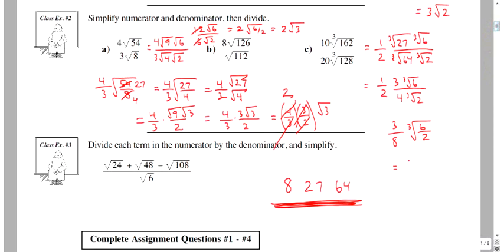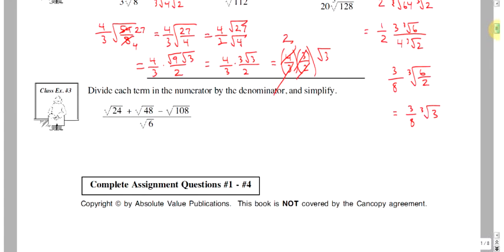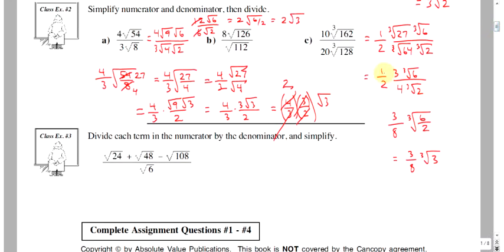Okay. 3/8. 2 goes into 6. 3 times, and I think I'm done. How did you get the 3? Times this by that. What's a half times 3/4? 3/8.